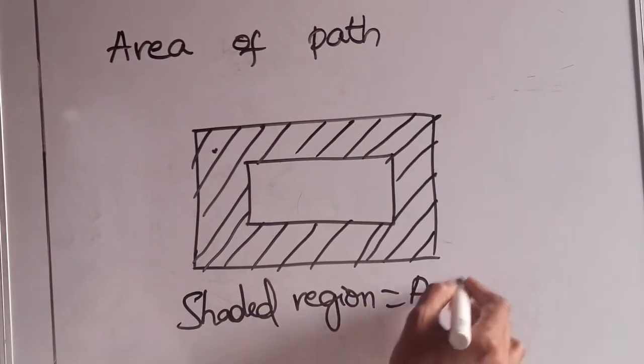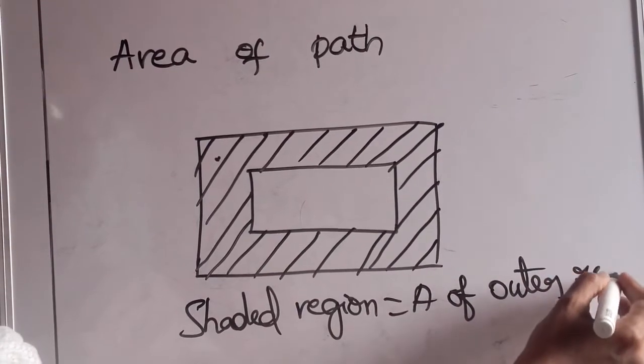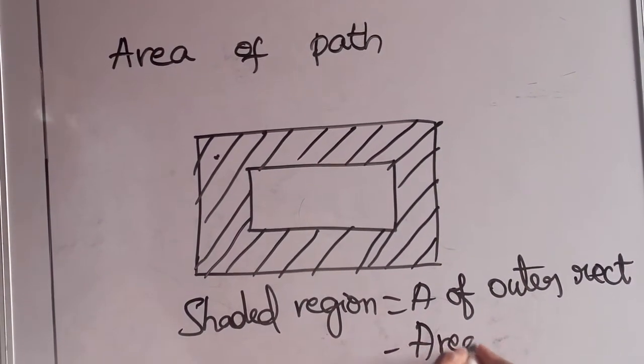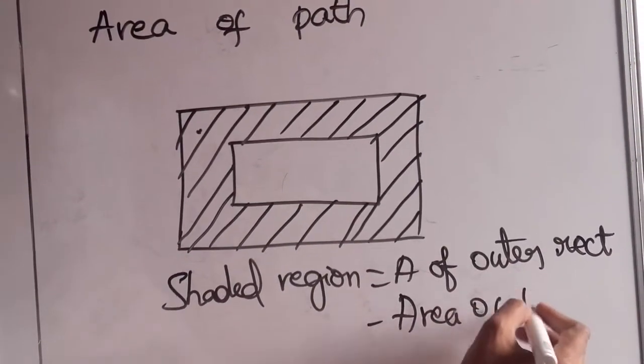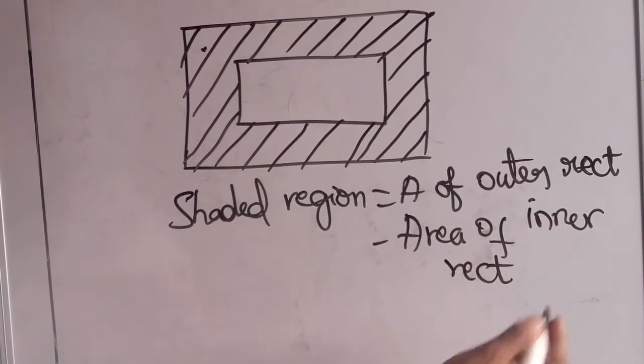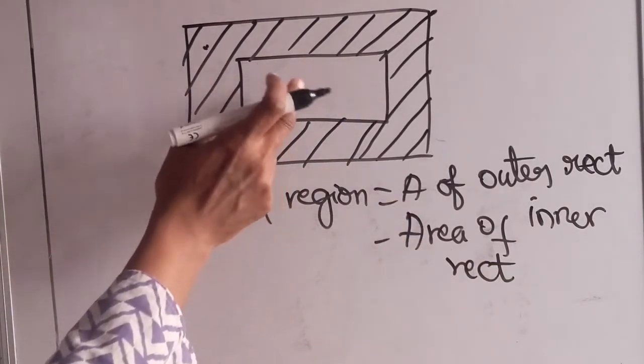Area of outer rectangle minus area of, A means area, area of inner rectangle. If you do this, you are going to get the shaded part.